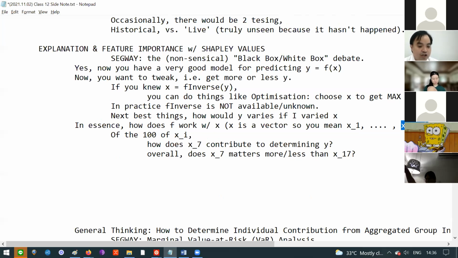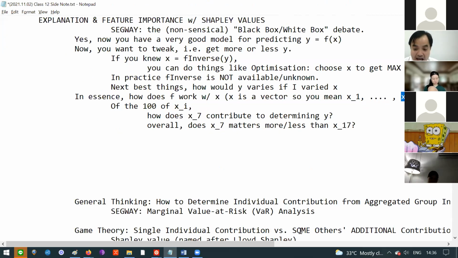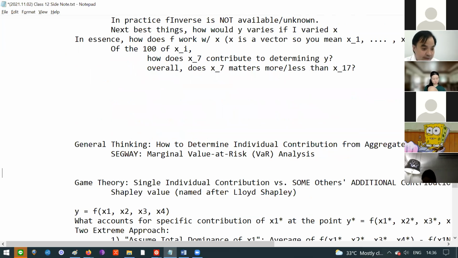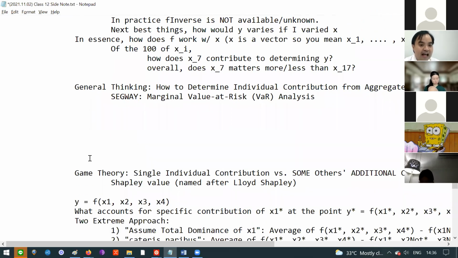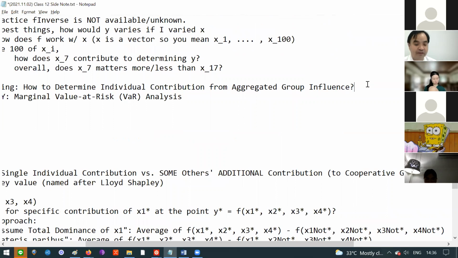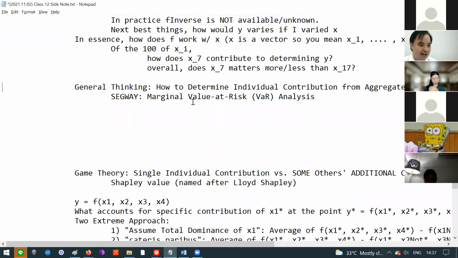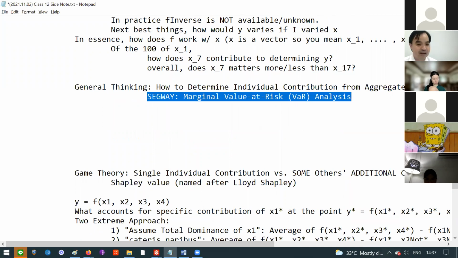Okay, so that's really the general thinking: how to determine individual contribution from aggregate group influence, right? Now I put a little segue here. I'm not going to talk about it. If you're interested in finance, there's this thing called marginal value at risk.